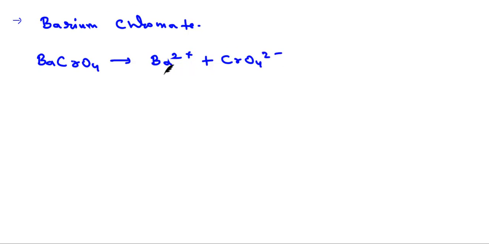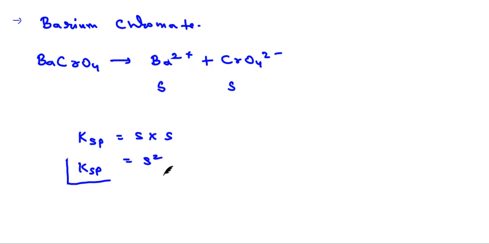So can I say it is also S, and it is also S? This is very simple, right? So Ksp would be S into S, and that becomes S squared. That is the same as NaCl, right? We also got the same equation for NaCl, because there is no coefficient, and whenever there is no coefficient, that's very good, isn't it?